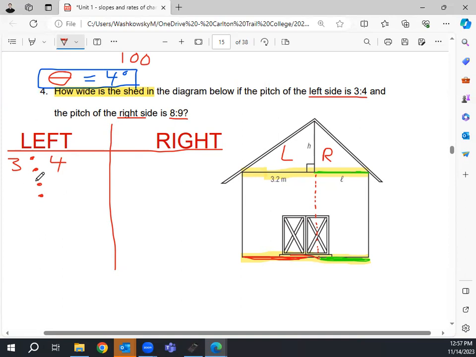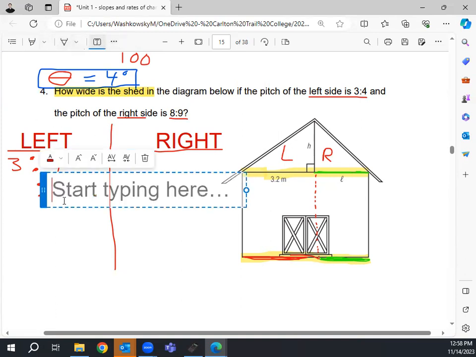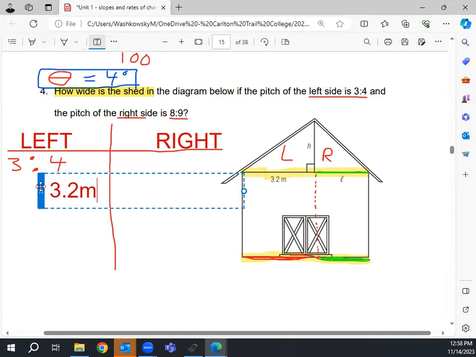That's the run, so it goes on the right side, 3.2. I'm going to put meters there, and type that in to make it a little neater. Is that making sense, where I'm getting this 3.2 from and why I'm putting it here? Because it is the run. It's rise over run.